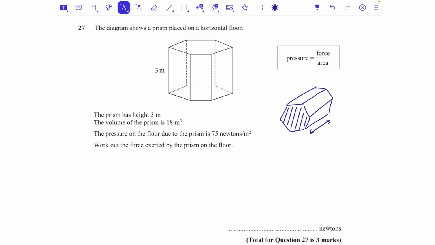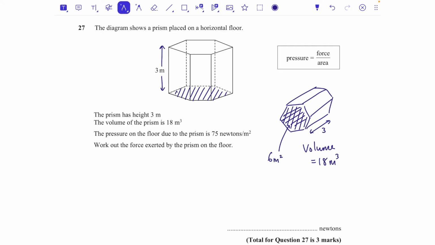So if they're telling me that the volume is 18, then I know that the area of that hexagon on the floor there, or at the top, however you want to look at it, must be 6, because they've multiplied it by how far back it goes or how long it is and got 18 meters cubed as their answer. So because they've times by 3, I know that the area of that cross section must be 6 meters squared.